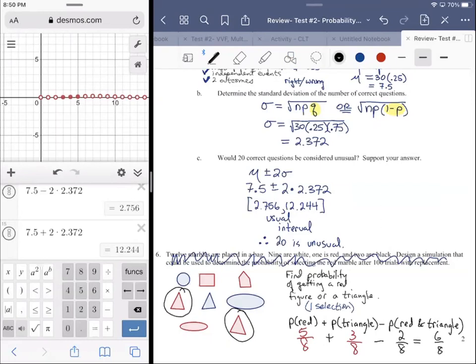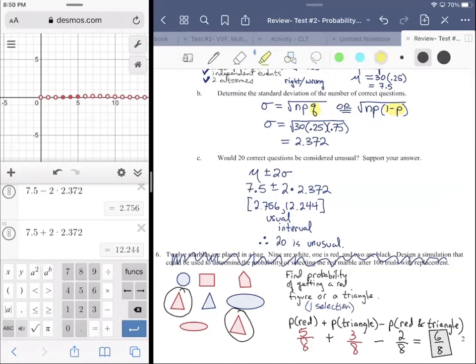Just double checking. Yeah. All right. So that's using the addition rule to actually figure out the probabilities. You just got to be careful because depending on the directions, if it's multiple choice, then it could just be find the probability, in which case you're like, okay, well, how many do I got?